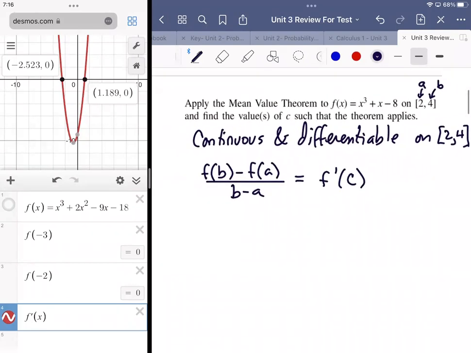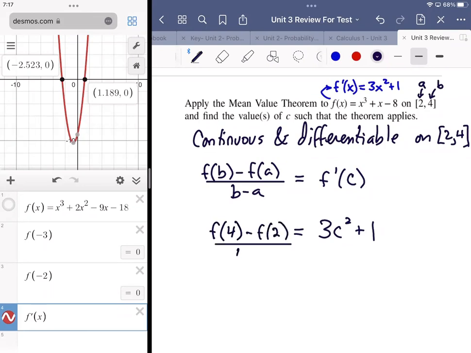So f prime of x is 3x squared plus 1. So f prime of c would be 3c squared plus 1, just evaluating it for some constant c. But then what I would have to do is find f of b minus f of a over b minus a, which would amount to f of 4 minus f of 2 over 4 minus 2. That I would do in Desmos.